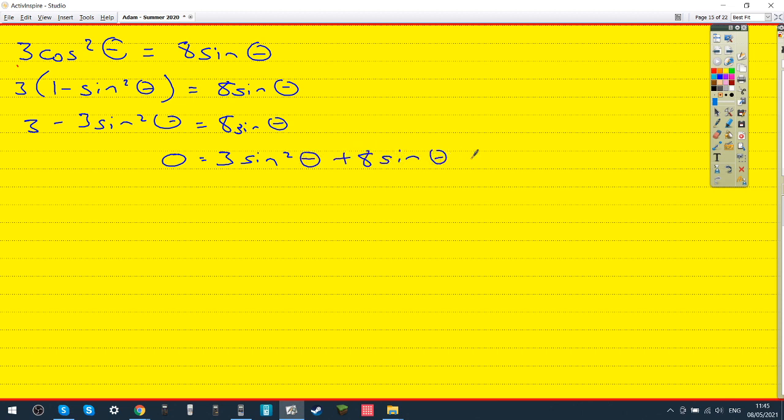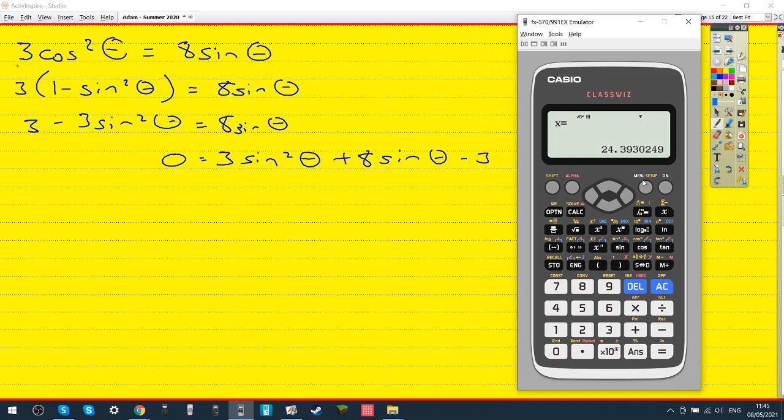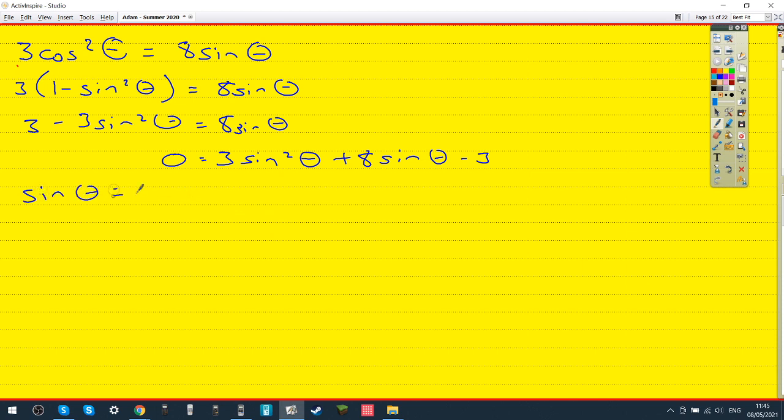Okay. A third and minus 3. And so sine theta is equal to a third, or sine theta is equal to minus 3.